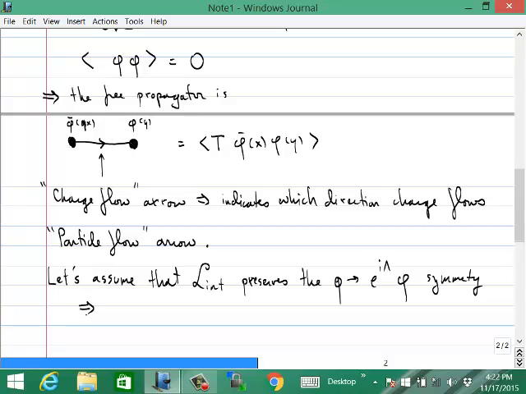Then that means that all of the various interaction vertices that you'll get in your Feynman rules will conserve charge.